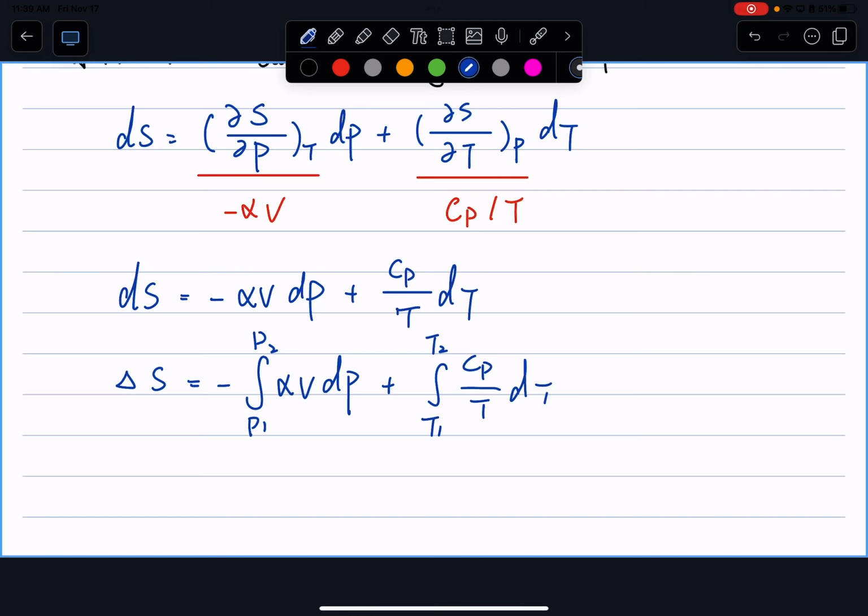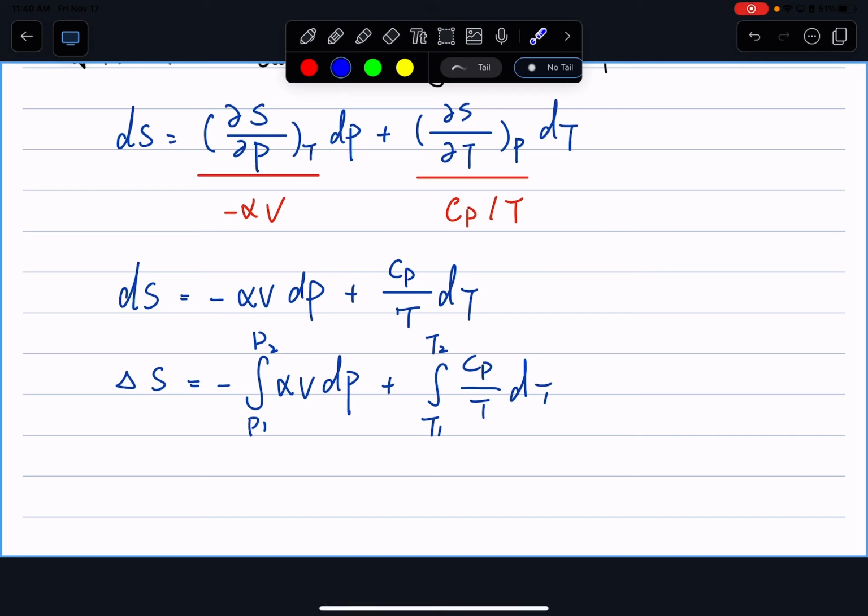And there are things we know, right? Alpha is something you can measure, or we can give you as a constant. I mean, volume, if you're solving V dP, as long as we know the equation of state that tells you the relationship between volume, pressure, and number of moles, you have a way to solve for that integral. Cp, the heat capacity, is also something you can measure.